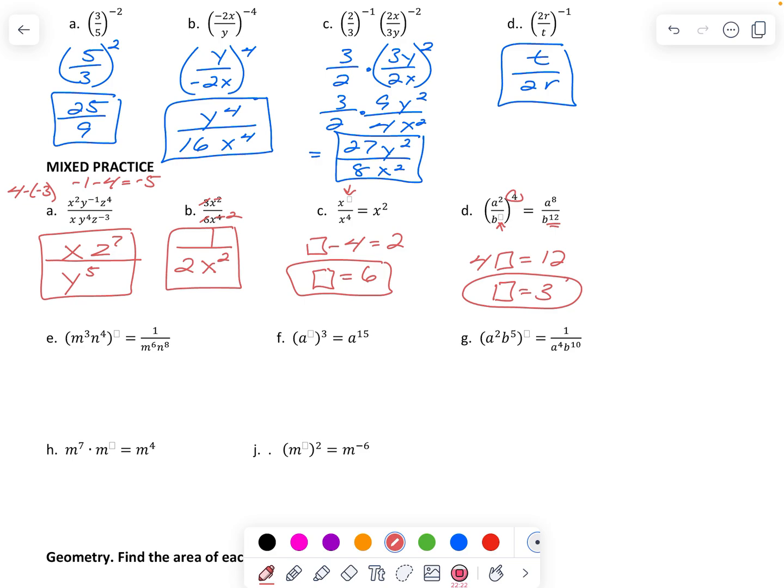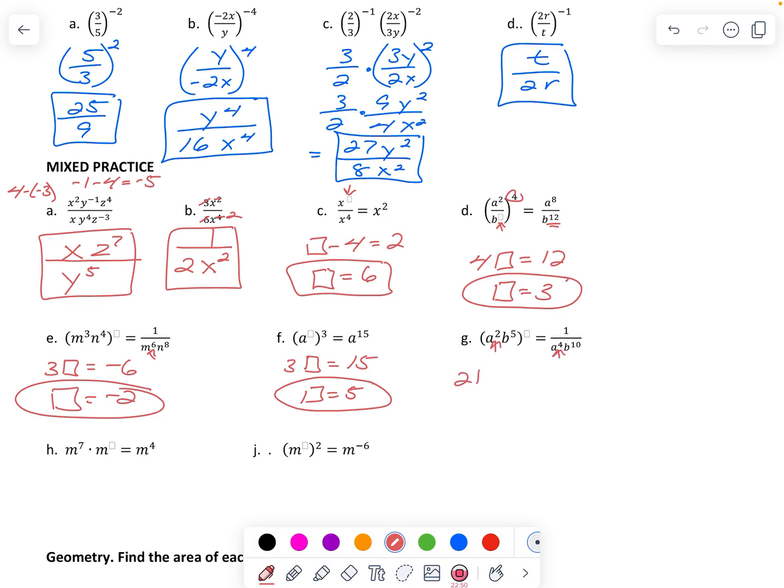Here, notice for the m's, 3 times the box has to equal negative 6 because now it's in the denominator. So it looks like box is negative 2. Here, 3 times the box equals 15. So box is 5. If we look at just the A's, see how the 2 then becomes negative 4? So 2 times box equals negative 4.